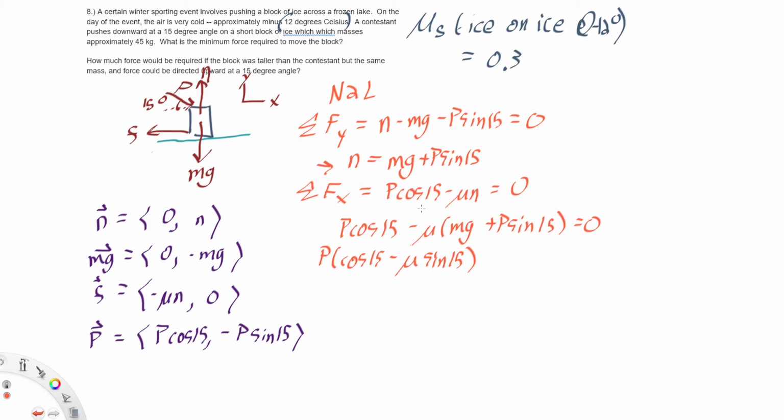So sum of forces in the x direction is 0 because we're looking at what's the minimum force required to move the block. So we're applying just enough force to equal out the maximum static friction of the block.